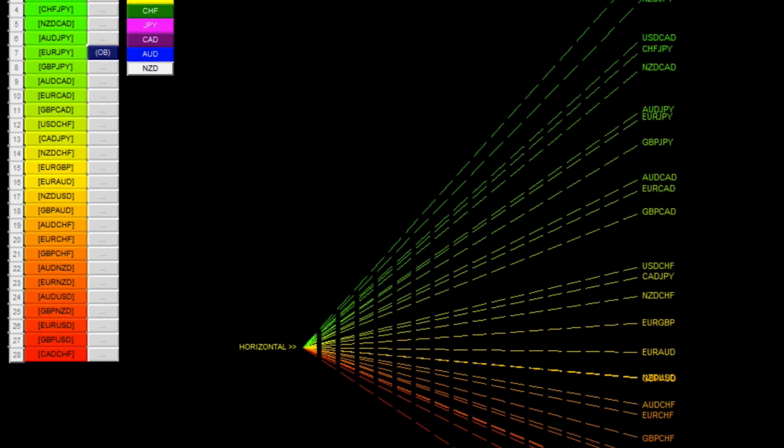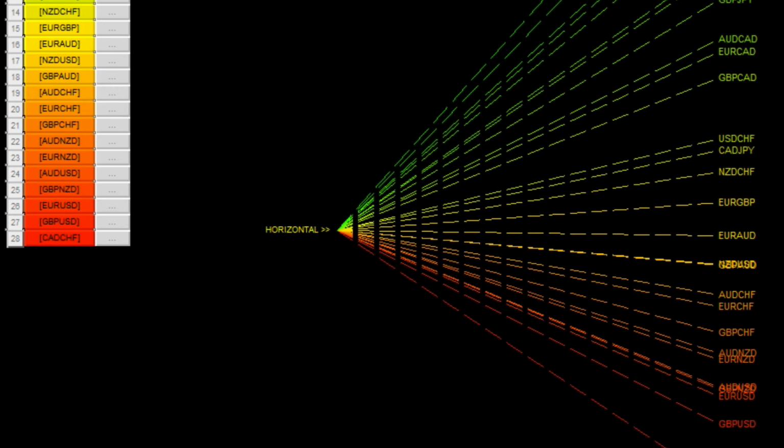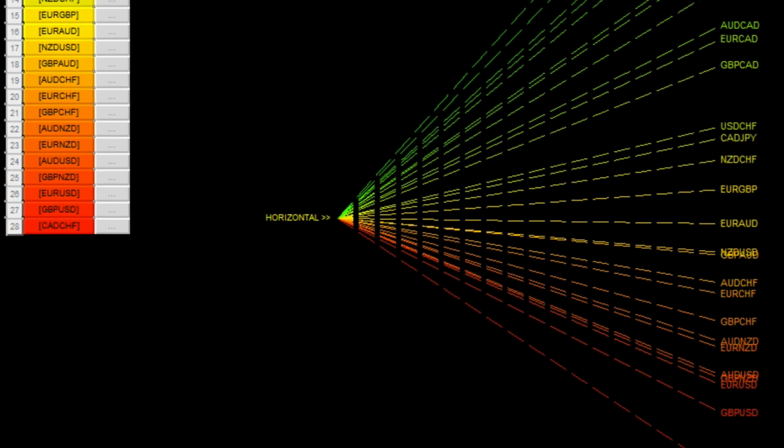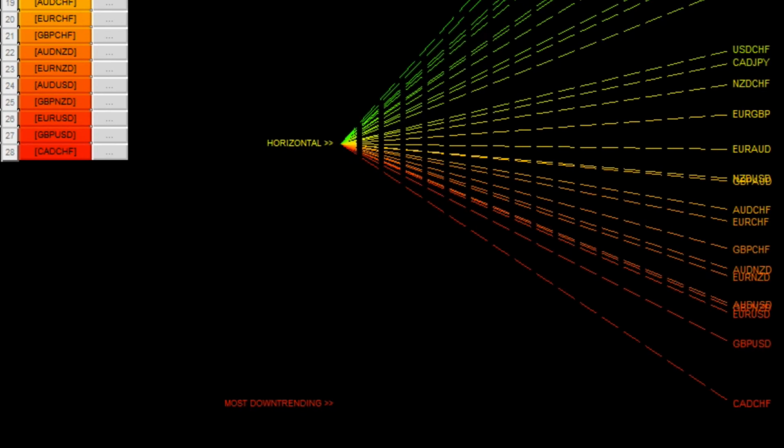For those with yellow shades, the steepness of the currency pair's trend is relatively flat and around the fulcrum of zero. It can be positive or negative, but trails the numbers closest to the horizontal. Finally, to those pairs with red shades, the steepness of the currency pair's trend is negative and well below the fulcrum of zero.